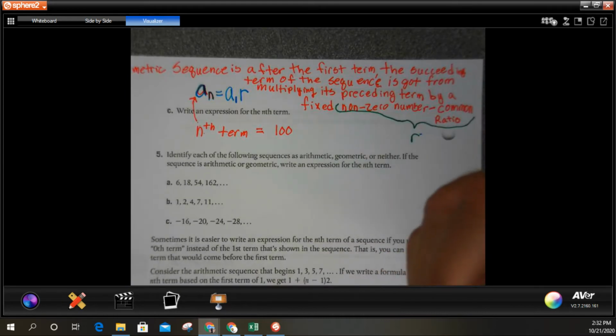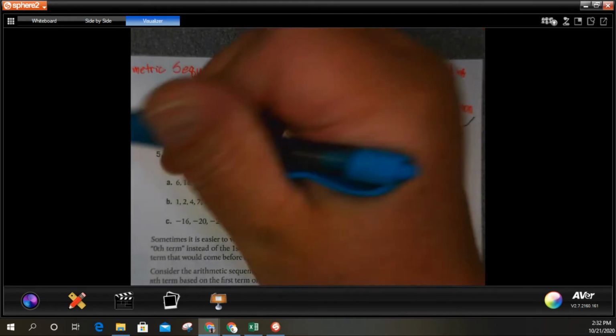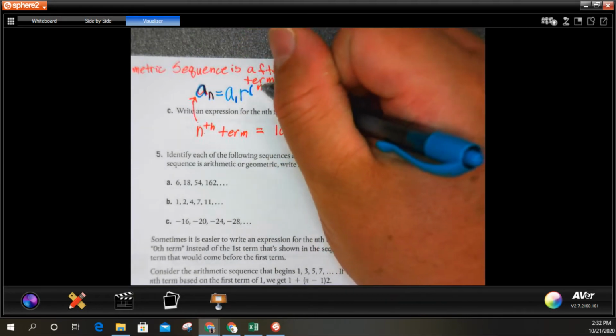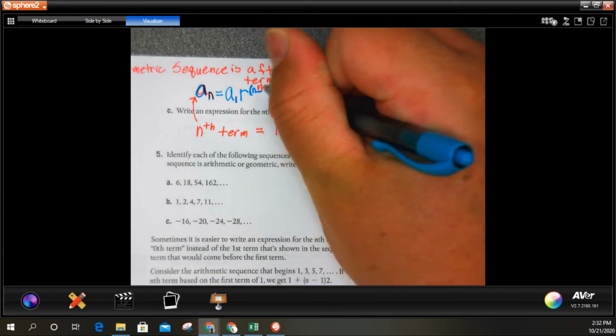And don't forget, it's the nth term, so it's going to be r to the n minus 1.